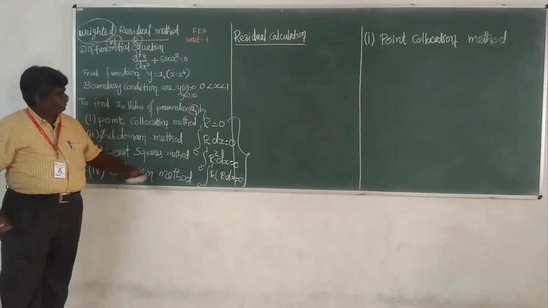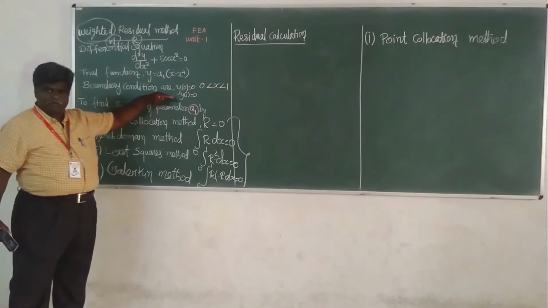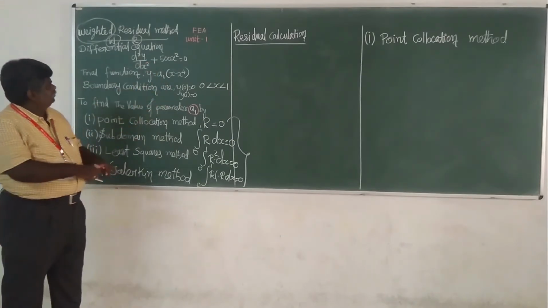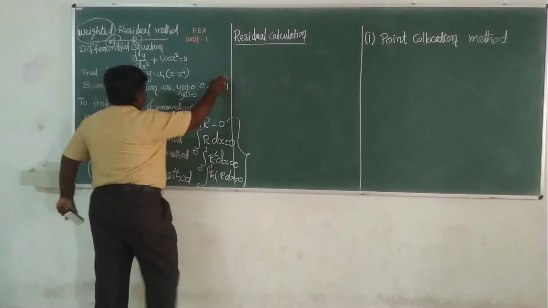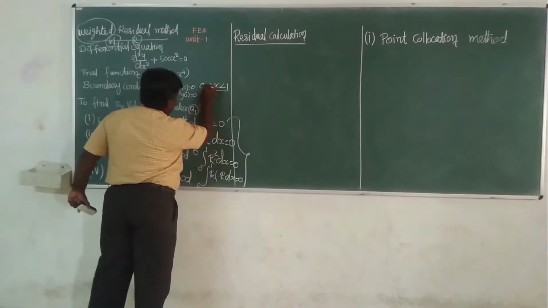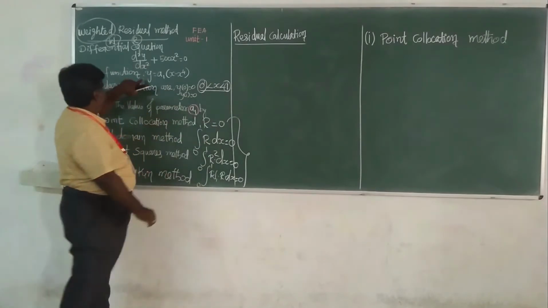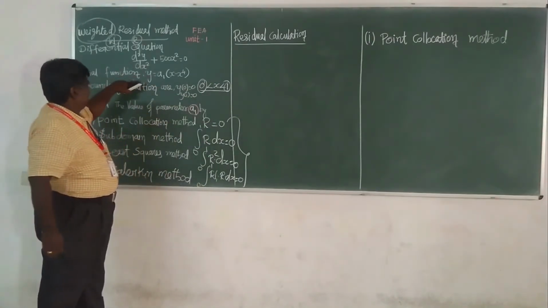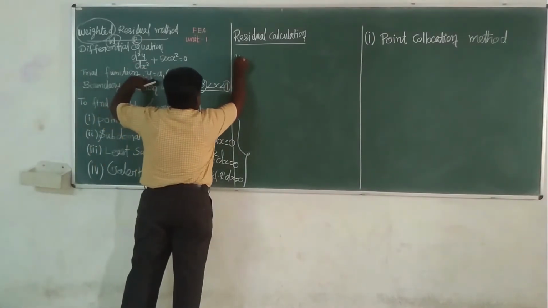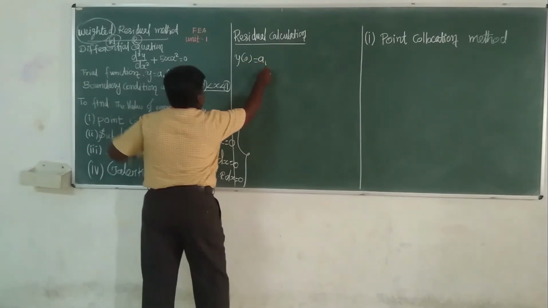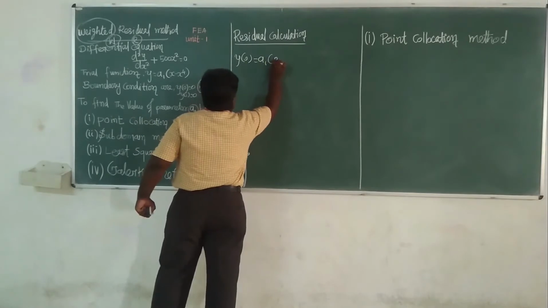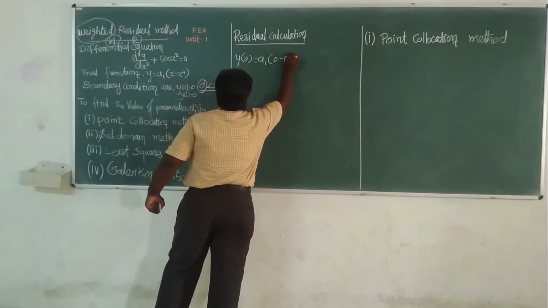The next step is to verify the boundary condition with the given trial function equation. The boundary condition limit is 0 to 1. We verify it with the trial function: y(0) = a1(0 - 0⁴) = 0.